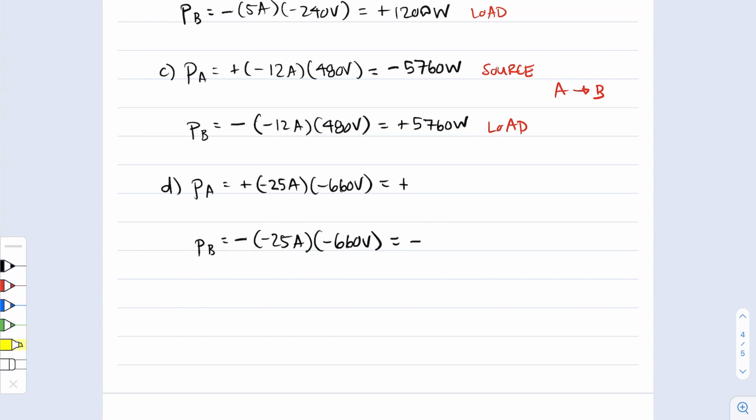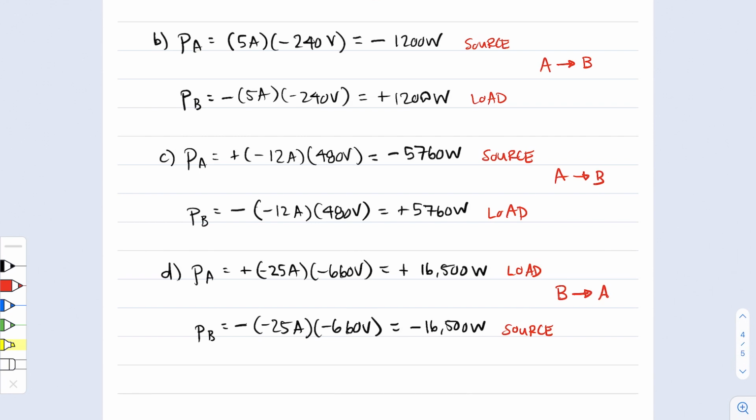You have 3 negative signs there that multiply all out to a net negative. Let me pull out my calculator. So 25 times 660, that is 16,500 watts. So this one right here with the positive sign, that is the load. This one is the source. So here energy and power are flowing from element A to B.